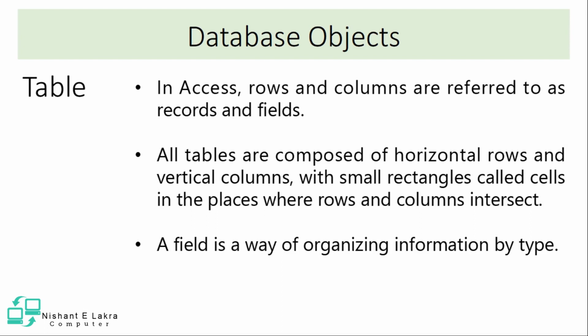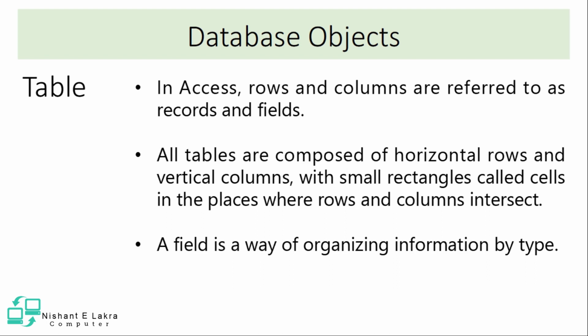Now in Access or in any database management system, rows and columns are referred to as records and fields. All the tables are composed of horizontal rows and vertical columns.